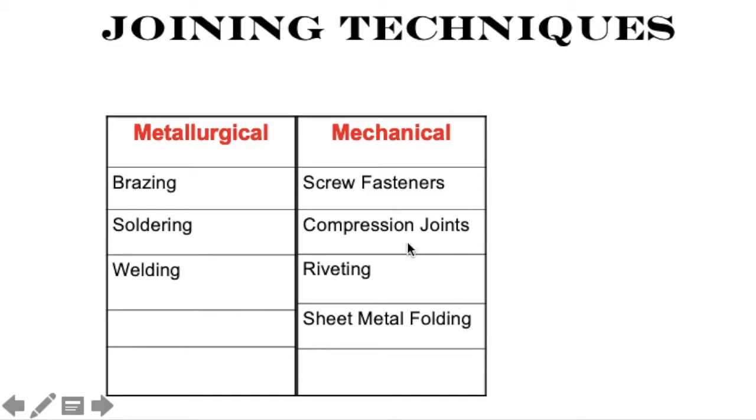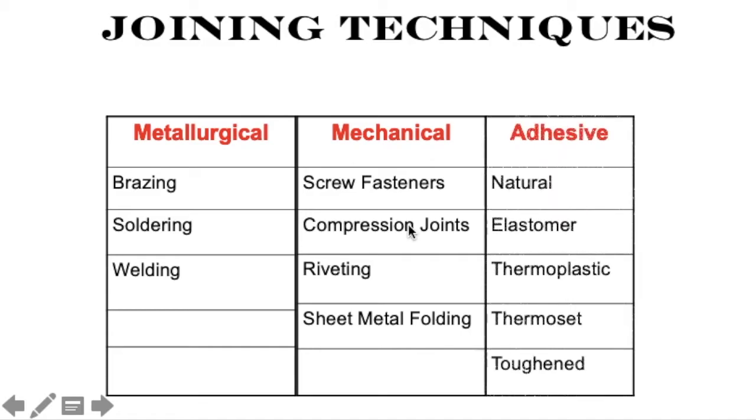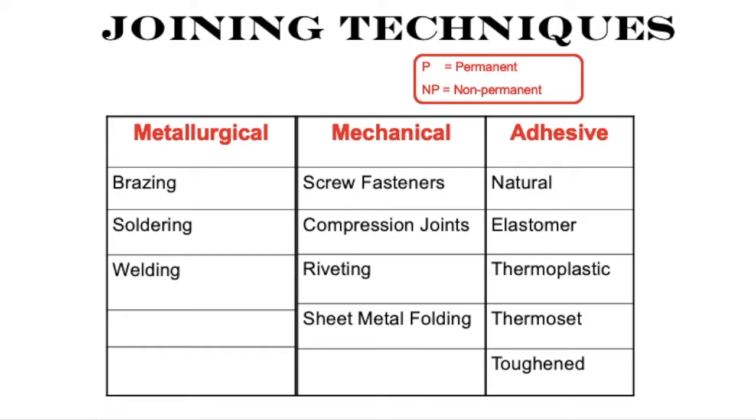And this can be applied to both metals and wood. There are also adhesives, which can be natural adhesives or synthetic ones. Again, this can be applied for both metals and wood, while these are exclusively for metals.